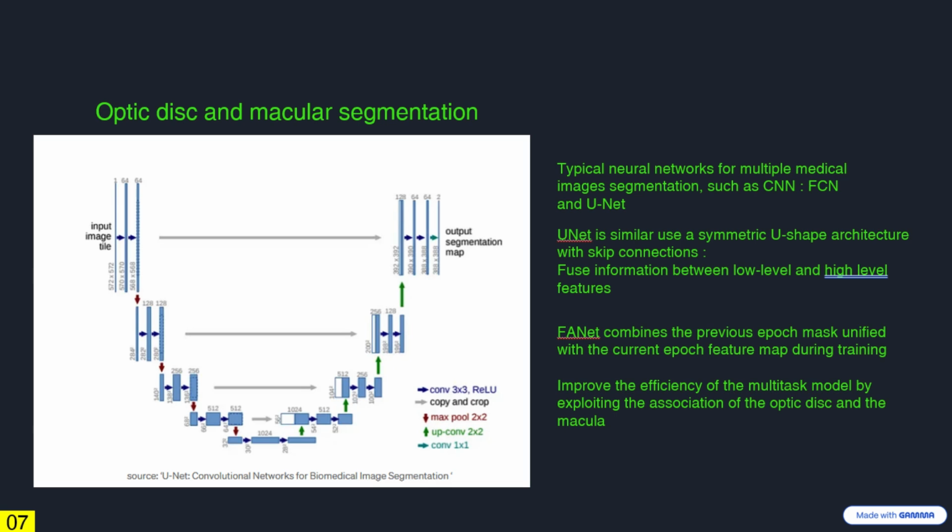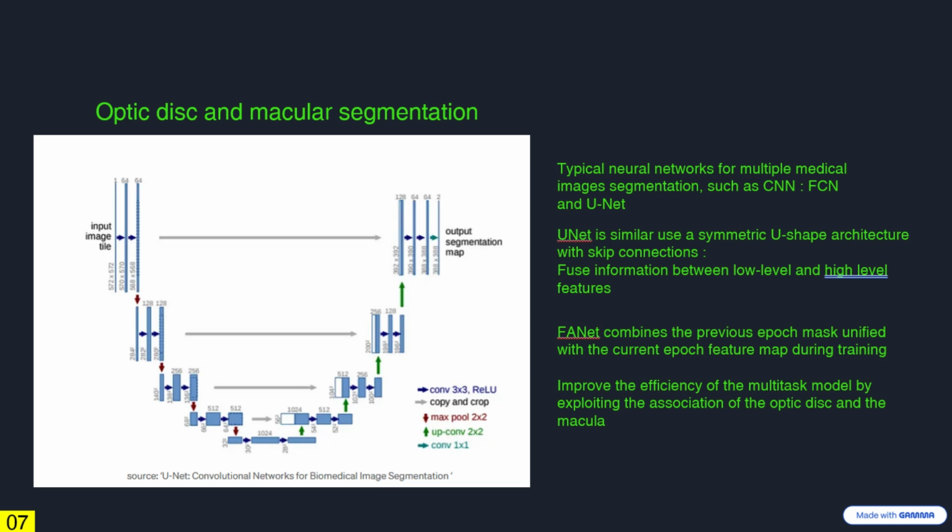Then FNet also combines the previous epoch's feature map and unifies it with the current epoch's feature map during training. In this way, it can improve the efficiency of the multitasking model and exploit the association between the optic disc and macula simultaneously.